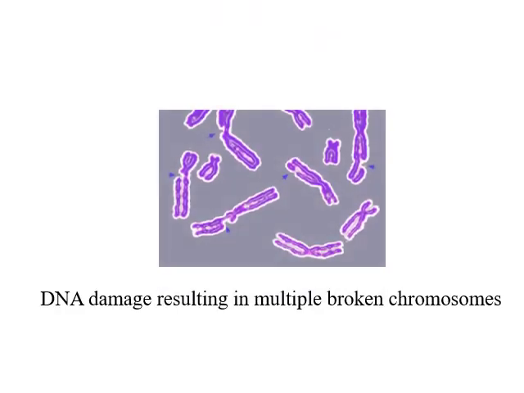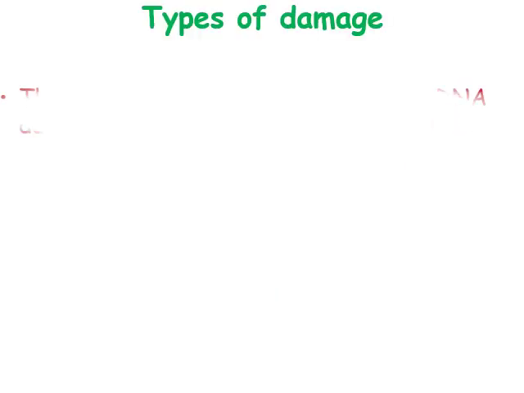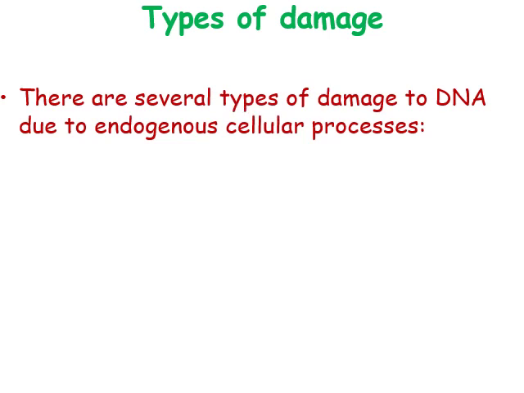And this image shows DNA damage in multiple broken chromosomes. There are several types of damage to DNA due to endogenous cellular processes، يعني نقصد بها الأضرار الناتجة من عمليات الأيضية بداخل الجسم.